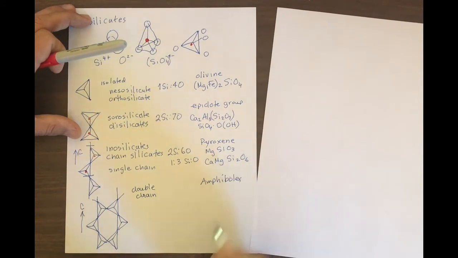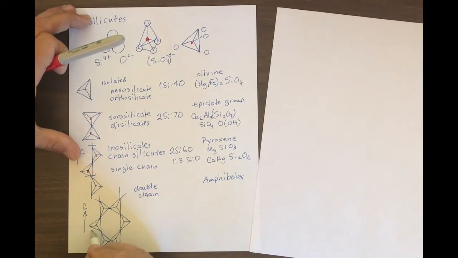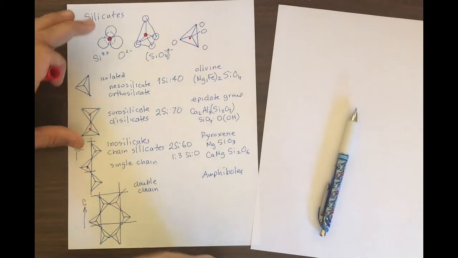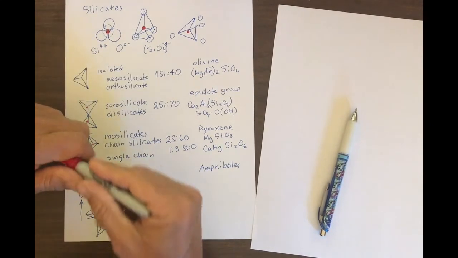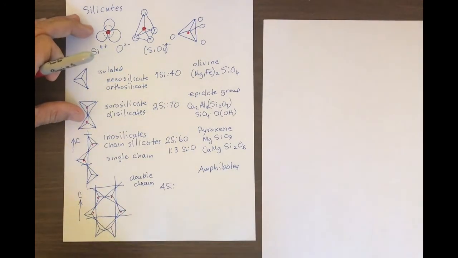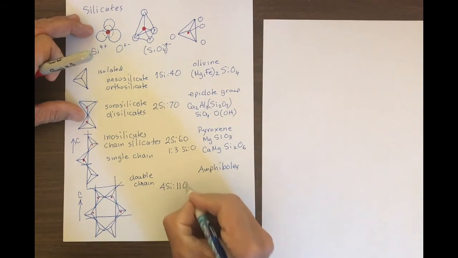Okay, so the repeat distance again would be from here to there. And we can count again, there are 1, 2, 3, 4 silicas. And then there are 1, 2, 3, 4, 5, 6, 7, 8, 9, 10, 11 oxygens.